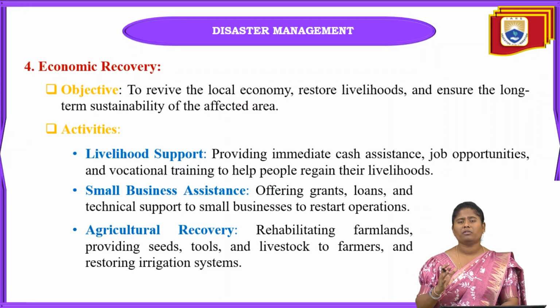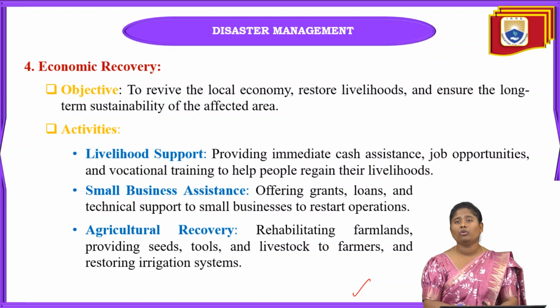Okay. Next one is economic recovery. Here, most of the people have already lost so much property or suffered so much damage to their livelihood. What we can do is restore the livelihoods and ensure the long-term sustainability of the affected area. The main activity of this is livelihood support.